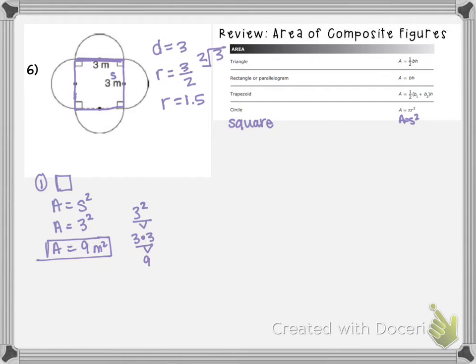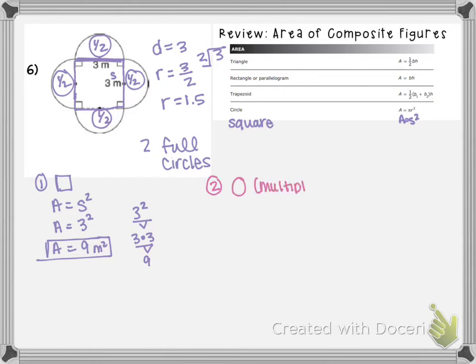So I have 4 half circles. How many total circles is that? Yeah, this is a half, this is a half, this is a half, this is a half. If I add all of these together, I have 2 full circles. That means when I complete my circle formula, I'm going to multiply by 2 at the end so that I can get all 4 half circles knocked out.